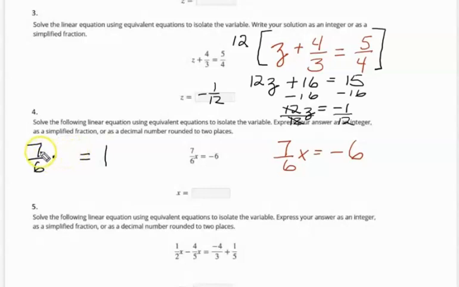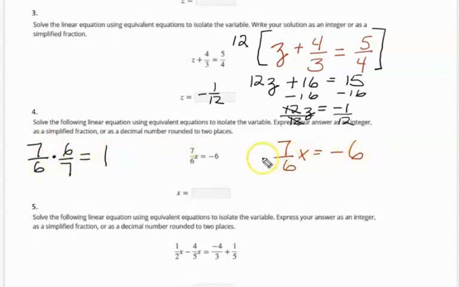And the answer is you can multiply anything by its reciprocal, and that makes it 1. What is the reciprocal of a number, particularly a fraction? Well, you just flip it over and say 6/7. So multiplying 7/6 by 6/7 gives you a 1.